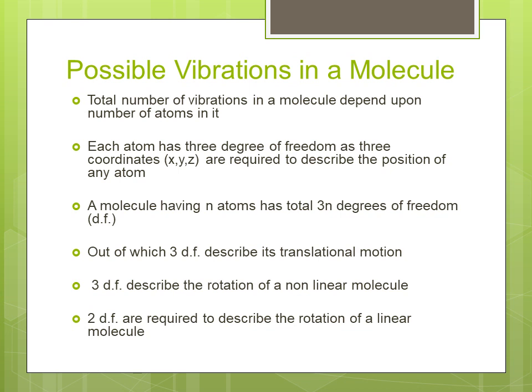Now if we talk about rotational motion, if the molecule is non-linear, then 3 degrees of freedom describe its rotation, while if the molecule is linear, then 2 degrees of freedom are required to describe its rotational motion.